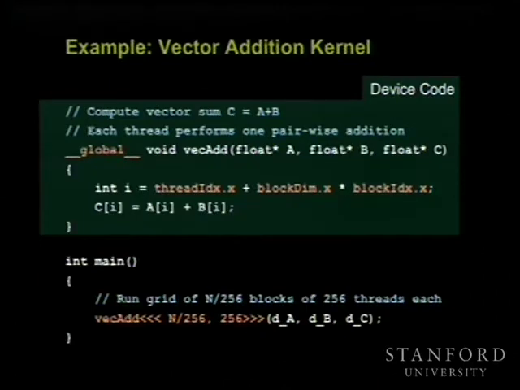You'll note again these .x indicate that these are not just simple scalars, but they're actually tuples. And so blocks can be anywhere from 1 to 3 dimensional. You can configure that.